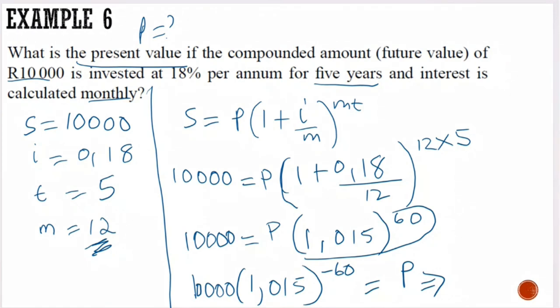You can just plug this thing into your calculator, and you find that your answer is 4,092,96. What was critical about this question is that we are not calculating for a future value this time around. We are calculating for the present value. You stick to the same process.